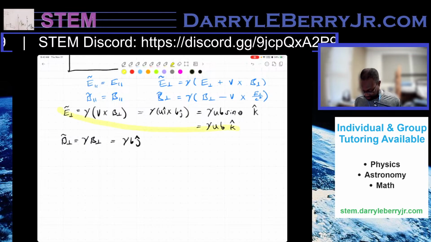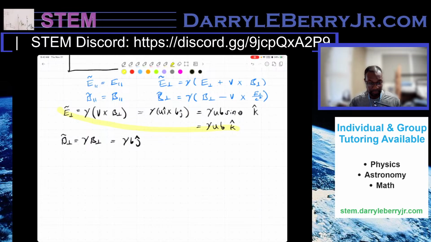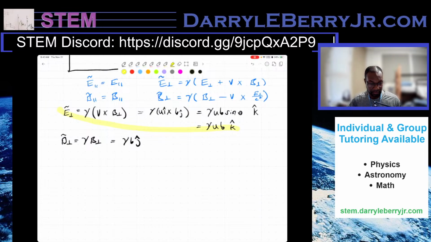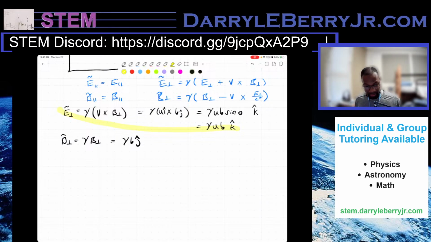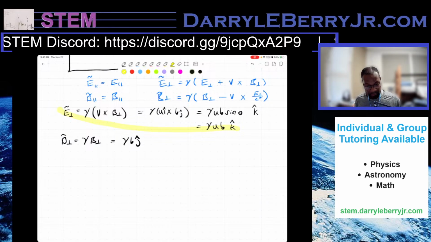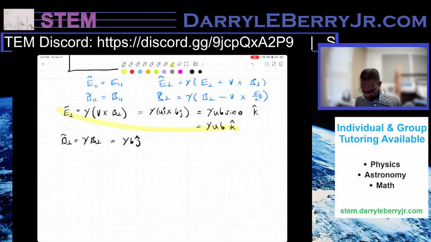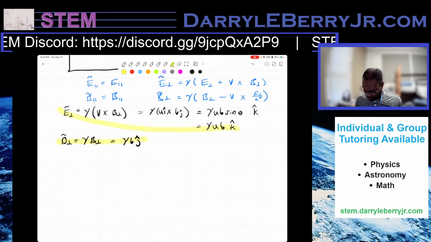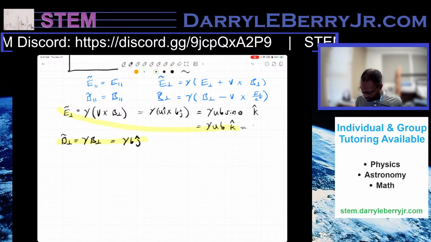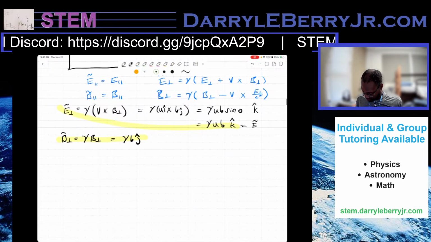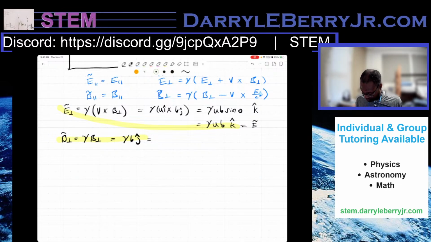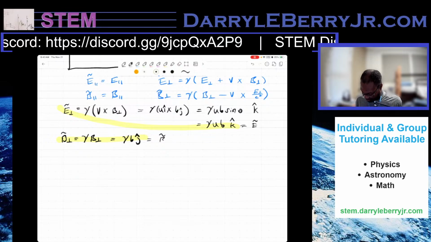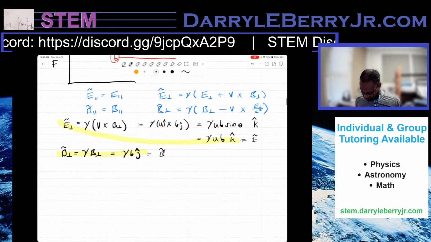And B is gamma B j, that's right. This equals E boosted, this equals B boosted, since the other avenue is 0.